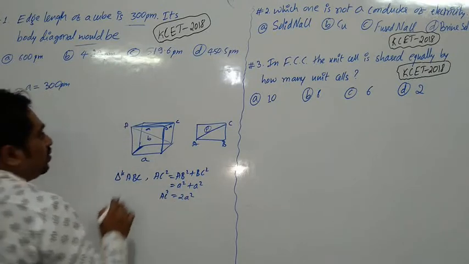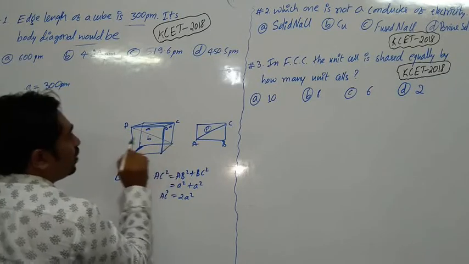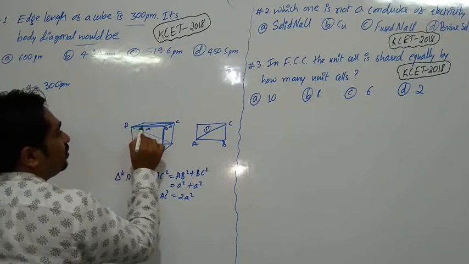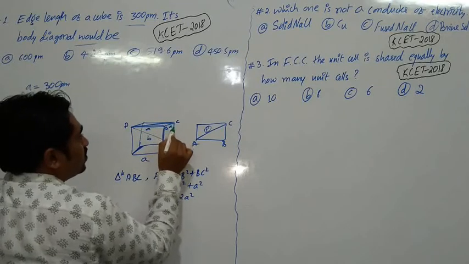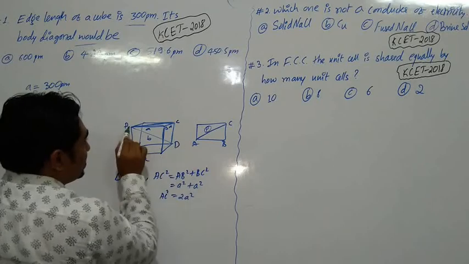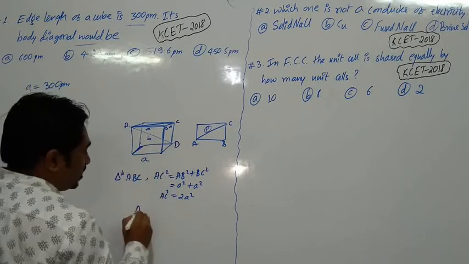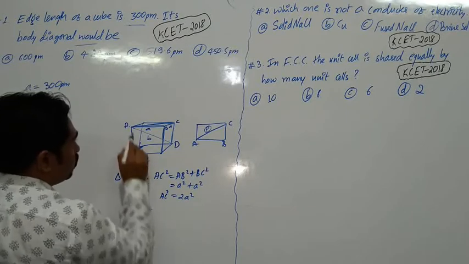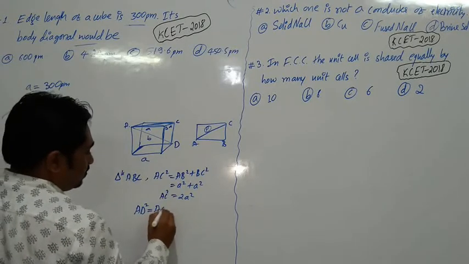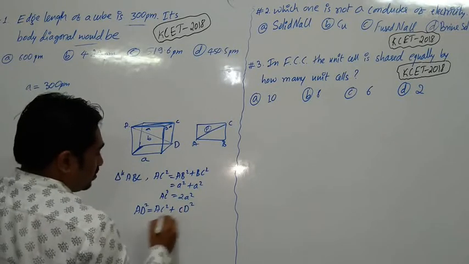Now what I want to calculate is the length of this body diagonal. Then how to calculate this? Here can you see the triangle? This is our triangle ACD. Let us consider the triangle ACD. In this ACD, AD square is equal to what? AC square plus CD square.